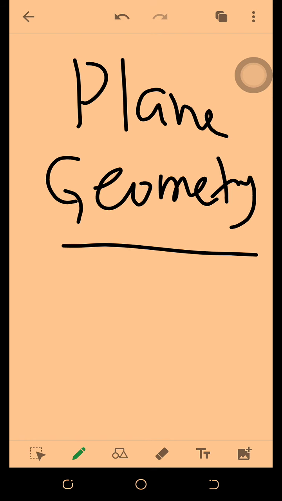We are going to treat a topic titled plane geometry. Under it, we'll be looking at angles.